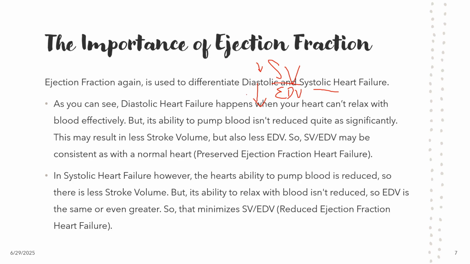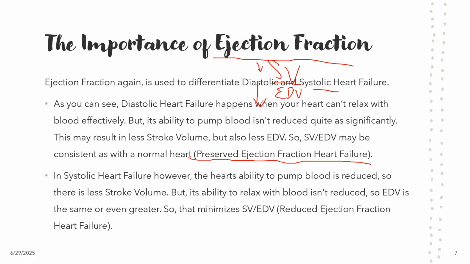It may be relatively consistent with your normal ejection fraction, and that is something called preserved ejection fraction heart failure. So that is basically diastolic heart failure in this case.